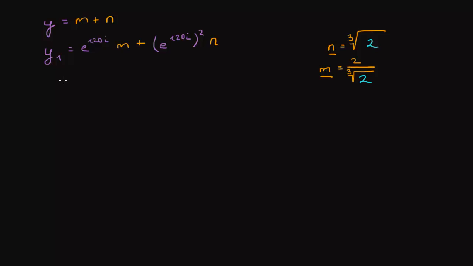So what would our y1 be? Our y1 would be equal to e to the 120 times I times m, which is the third square root of 2, plus e to the 120 times I to the second power times n, so times the third square root of 2.